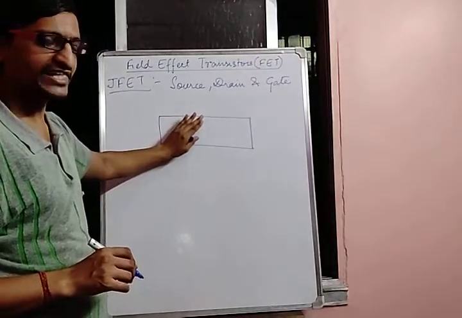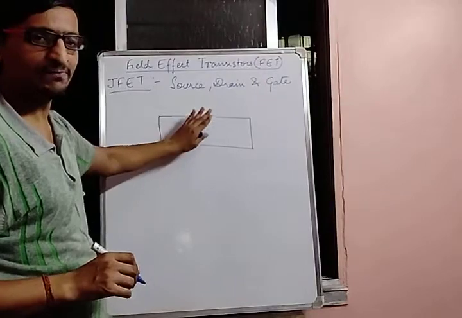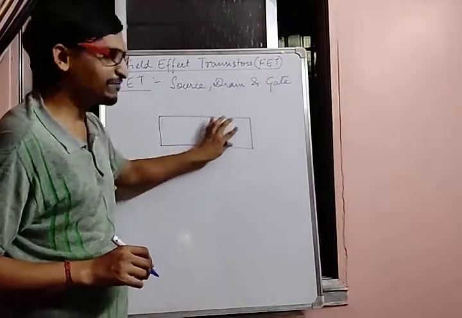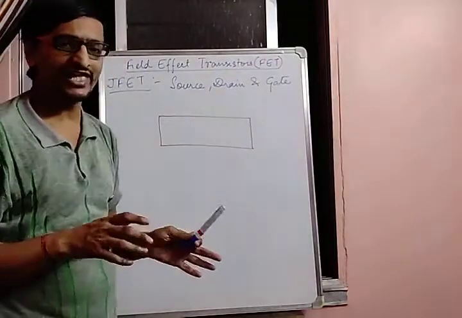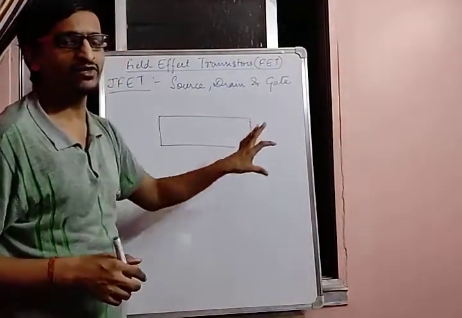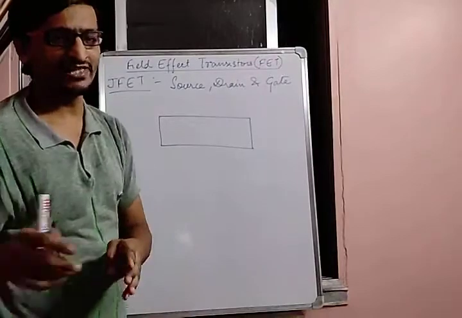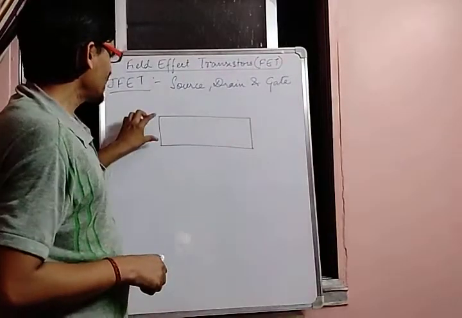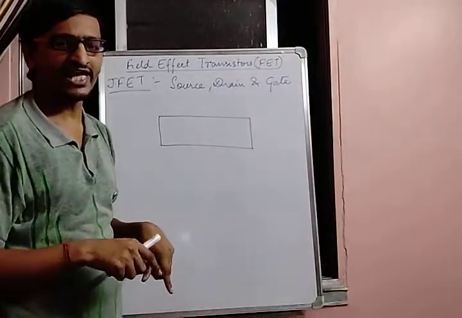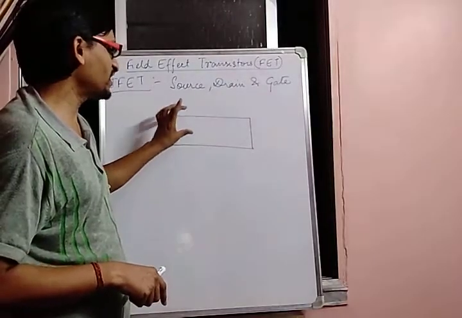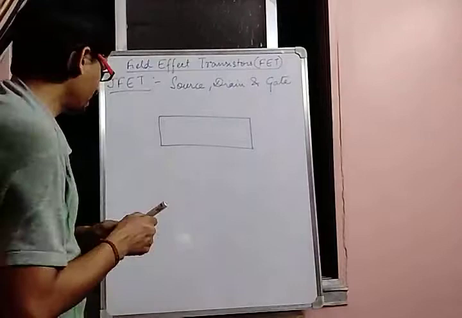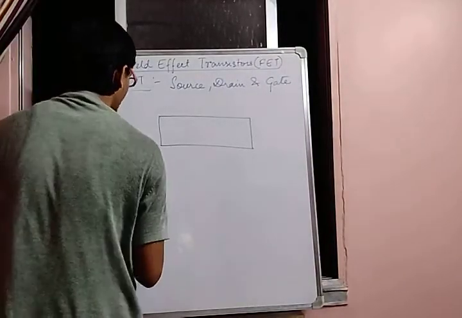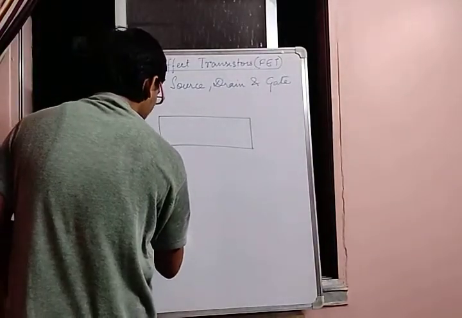If this semiconductor bar is of N type, then this particular JFET will be called an N channel JFET. On the other hand, if this bar is of P type, then this JFET will be called a P channel JFET. So basically there are two types of JFET. One is the N channel JFET.